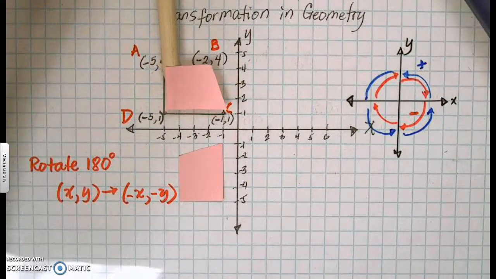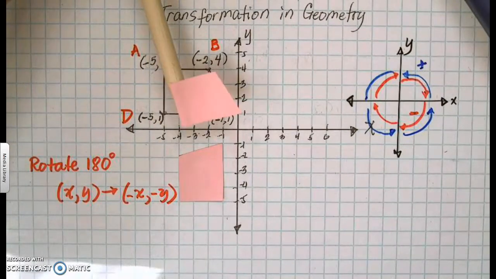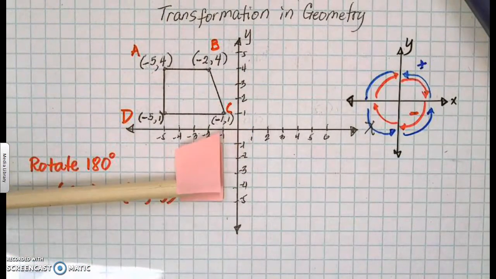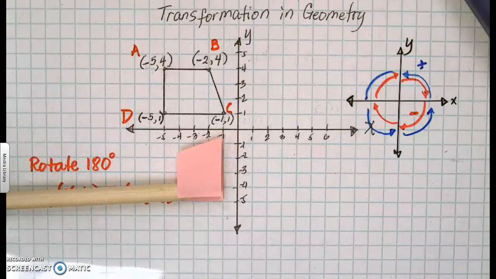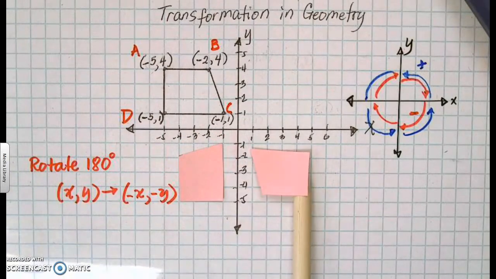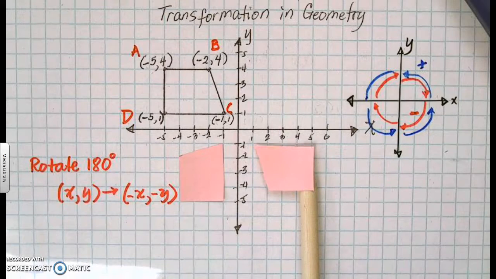So the actual 90-degree rotation is going to be somewhat like this. So you are now at 90 degrees, and another 90 degrees will lead you to the 180 degrees, which will be right here. So this is our expected image of the 180 degrees.